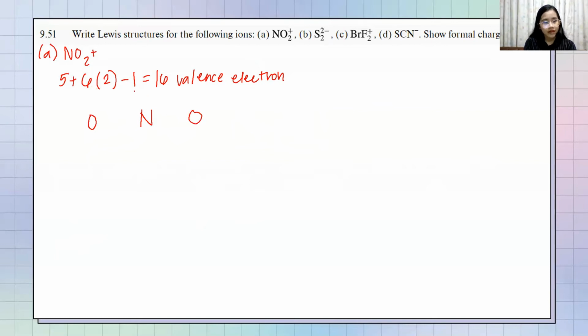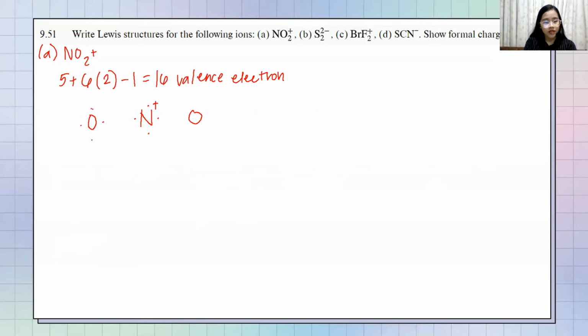And don't forget the positive charge here. Nitrogen has 5 electrons, so 1, 2, 3, 4. But since we have a positive charge here, it loses 1 electron. Oxygen has 6, so 1, 2, 3, 4.